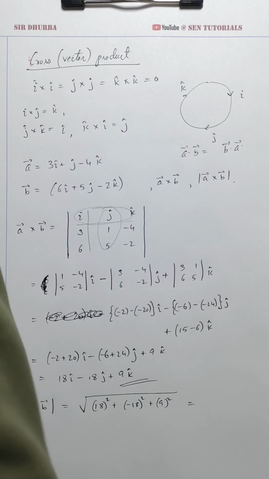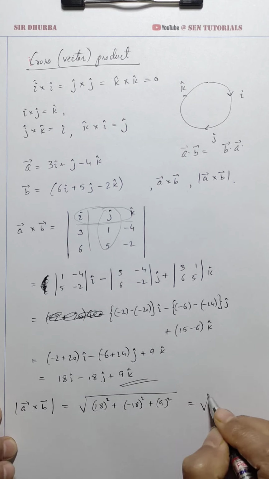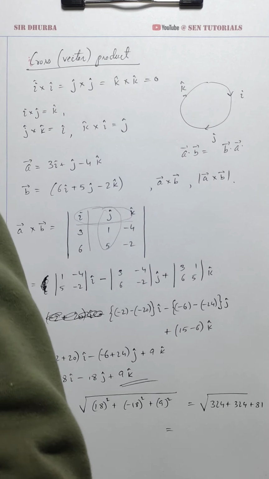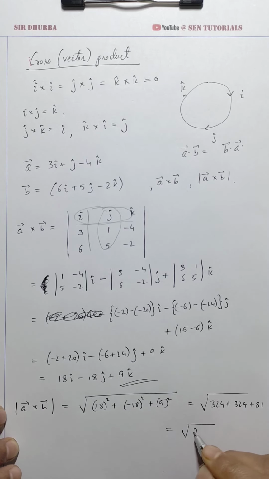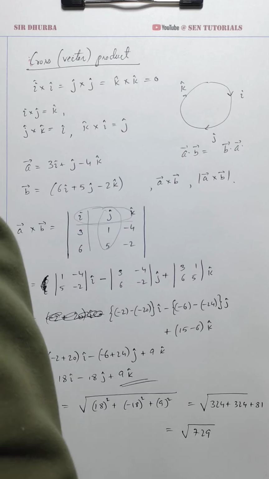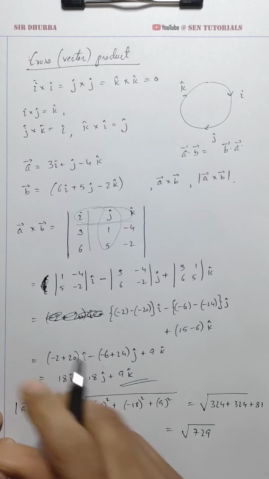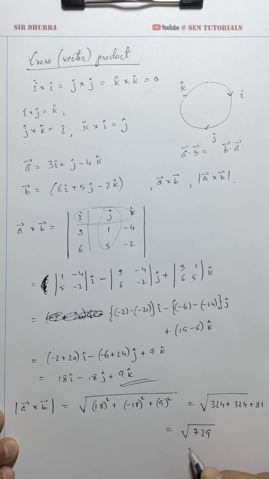So this value will be root over 324 plus 324 plus 81, that will be root over 729. Forget about the values, but if you want to calculate, I think it's 27 into 27. Yes, this value is 27.